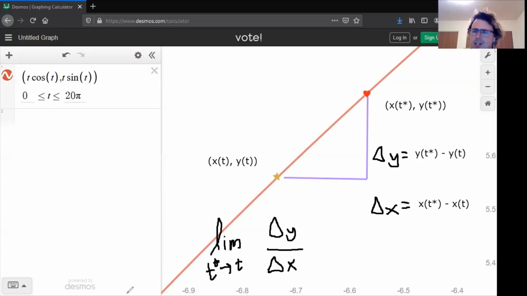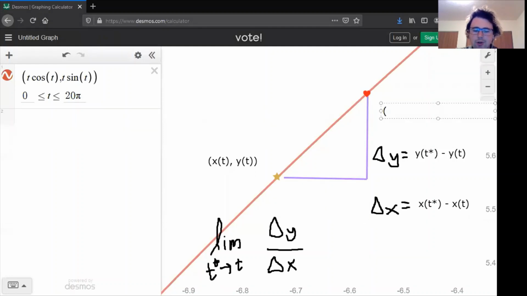But what is this calculation really? Well, what would it mean to have two different values of t, one very close to the other? I already talked about this h business with my difference quotient.